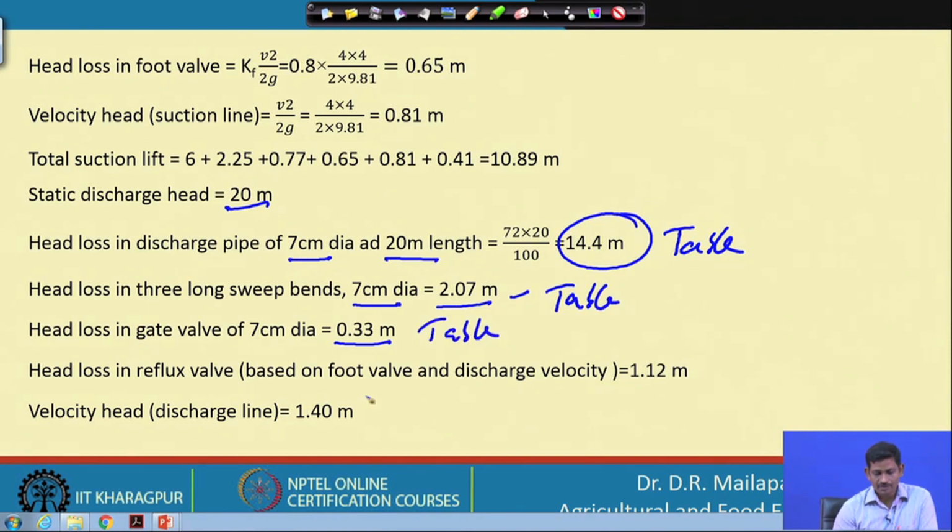Head loss in the reflex valve, based on the foot valve: if you use the same foot valve equation, Kf into V square by 2g, you get this, and the velocity head in the discharge line is again V square by 2g. So, that is 1.40.